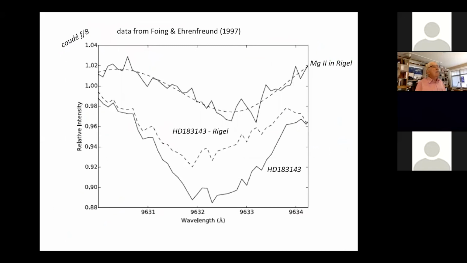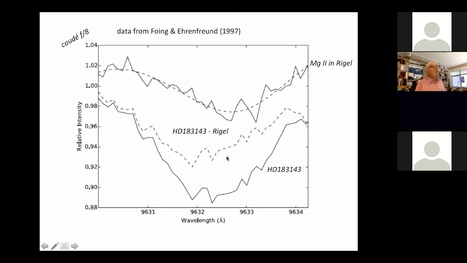And finally, we went back to the data from Foing and Ehrenfreund and re-reduced it for the 9632 feature, which everybody knew was being affected by a stellar line in the profile, for which we had to make a correction. So we had an observation for Rigel, which is very similar to HD 183143.